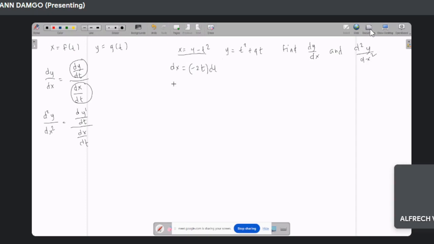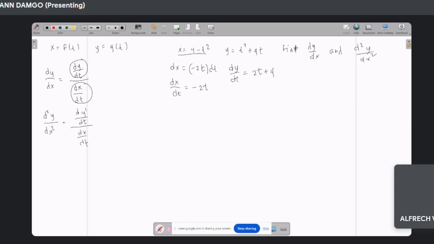So, pwede ni nato siya i-write as dx dt is equal to negative 2t. The same with y. So, we have dy dt. So, ato na siya i-direct ha. Dili na siya i-form. Is equal to the derivative of t squared plus 4t. So, we have 2t plus 4.